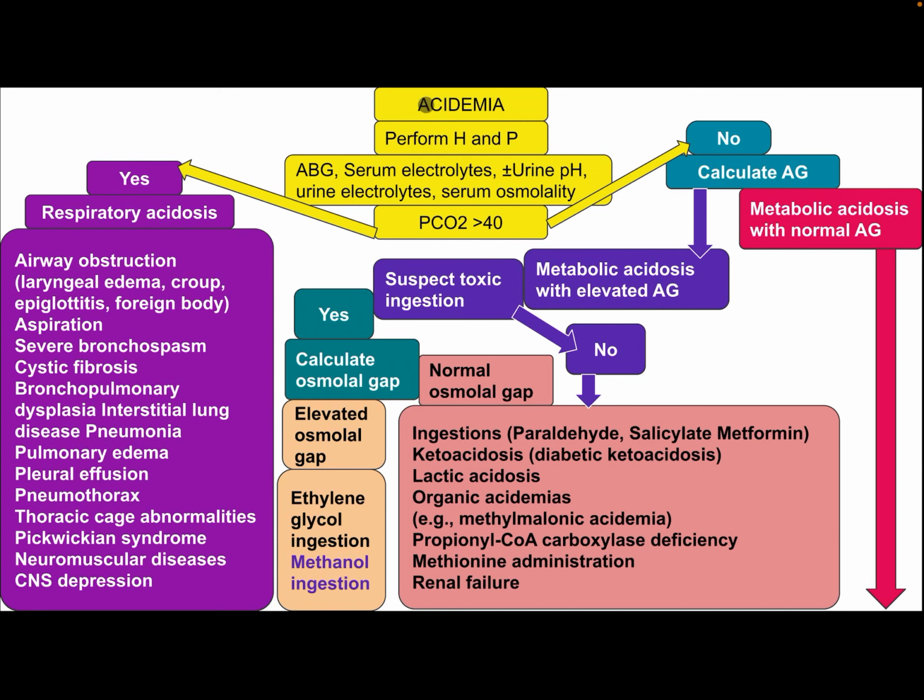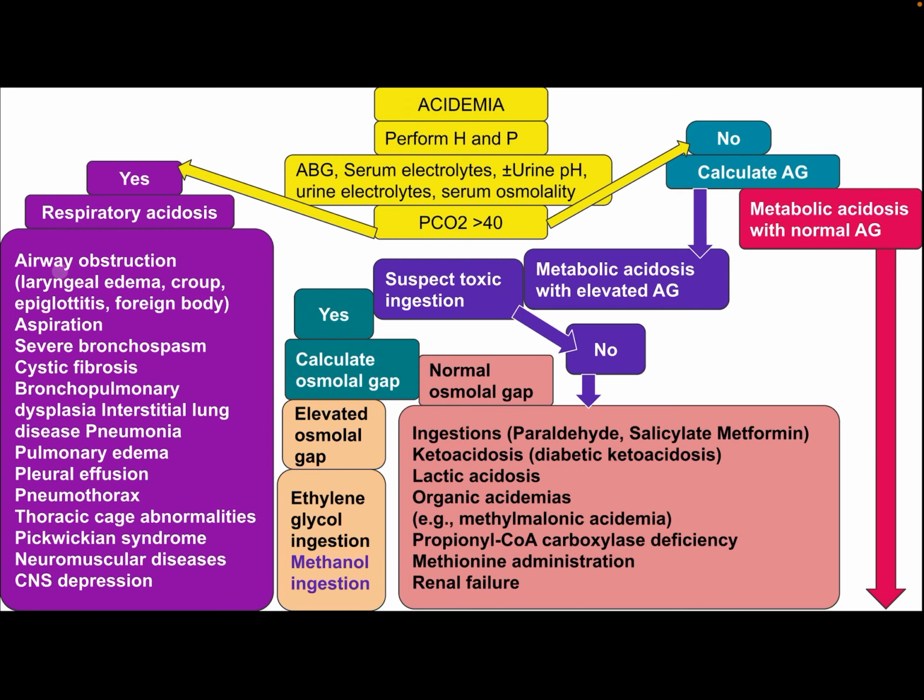How to approach acidemia in pediatrics after performing history and physical examination. The patient needs arterial blood gas analysis, serum electrolytes, urine pH, urine electrolytes, and serum osmolality. If the PCO2 is more than 40, this is respiratory acidosis.